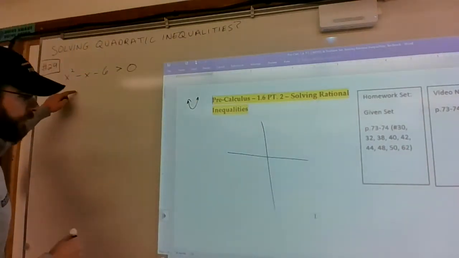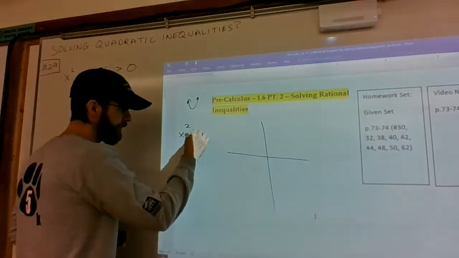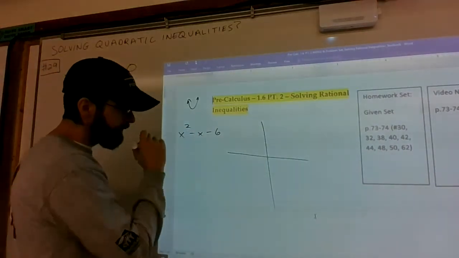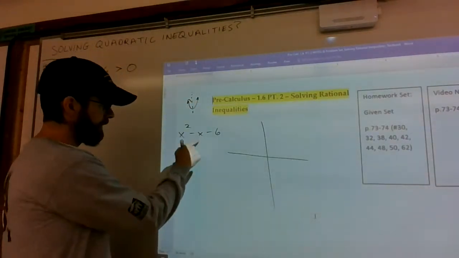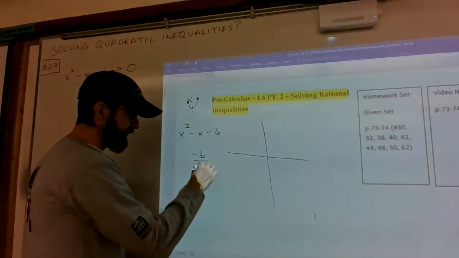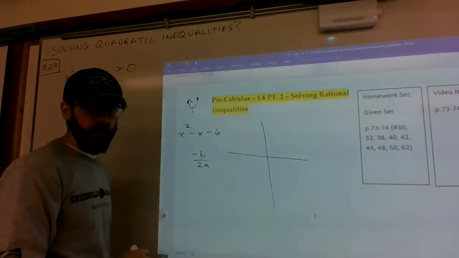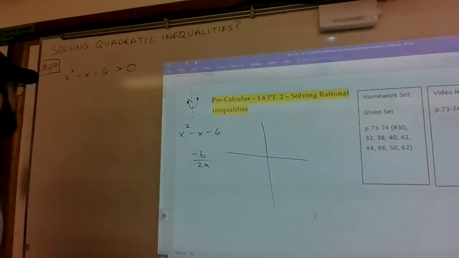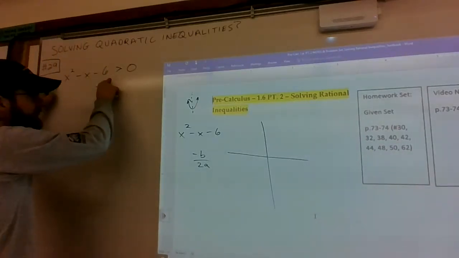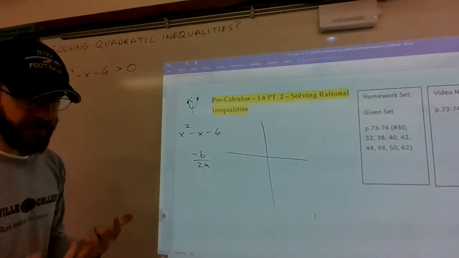You can determine the axis of symmetry with this little formula: negative b over 2a will tell you where it splits apart. So I'm asking, can we draw the parabola to get some perspective?